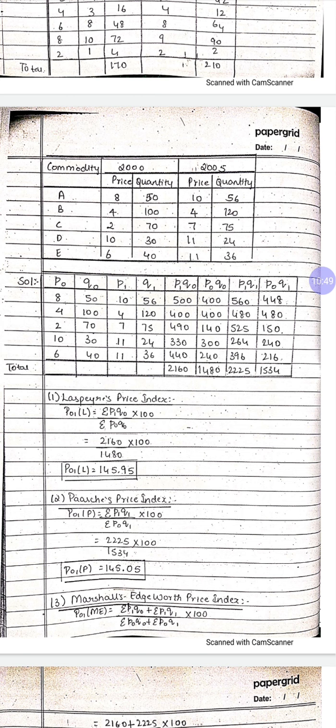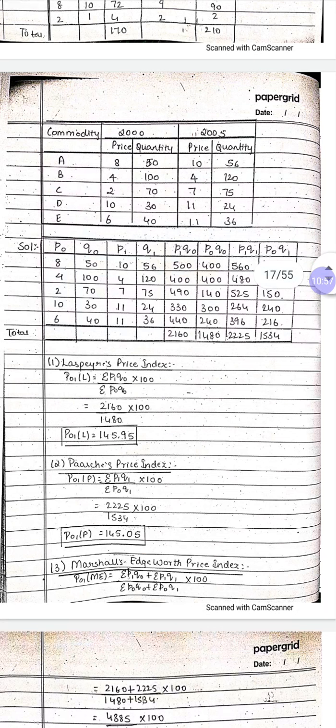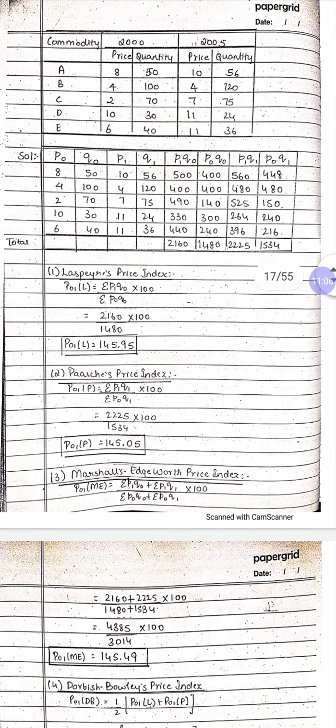First, for Laspeyres we will be taking total of P1 Q0 divided by P0 Q0 into 100, where I will get 2160 divided by 148 into 100, I will get 145.95. And then for Paasche, current year price and quantity divided by base year price and quantity.